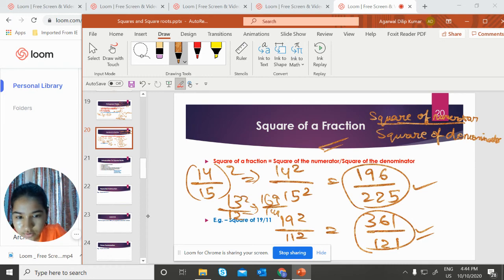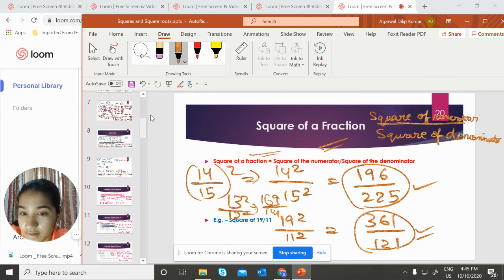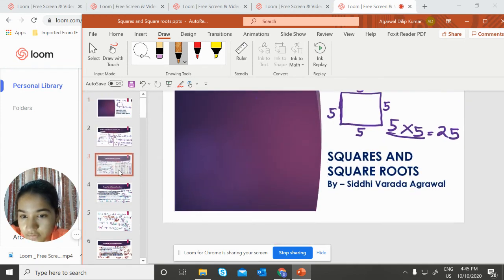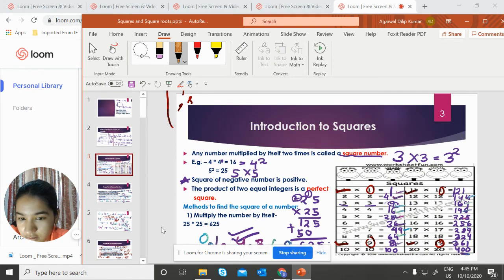You're going to square these two. Square of a fraction. Done. It's a very simple topic. So actually, it's good news. We have completed the complete topic of squares.